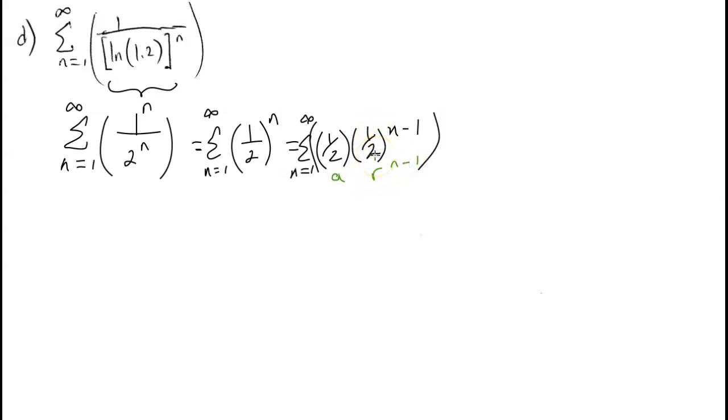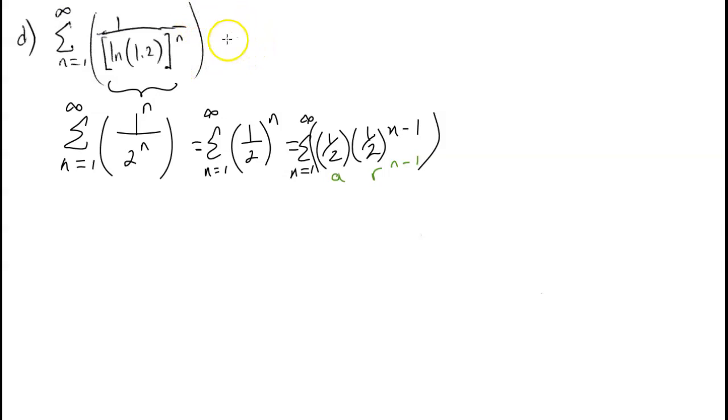So the point I'm trying to make here is that just like we could set this up to be a geometric series, the series that we're actually asked to deal with is going to have the same type of thing going on.